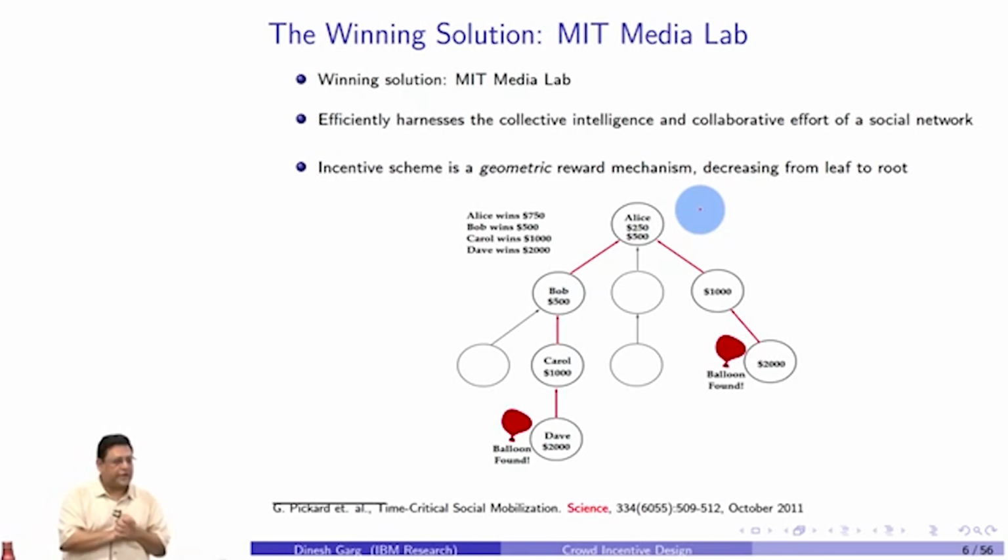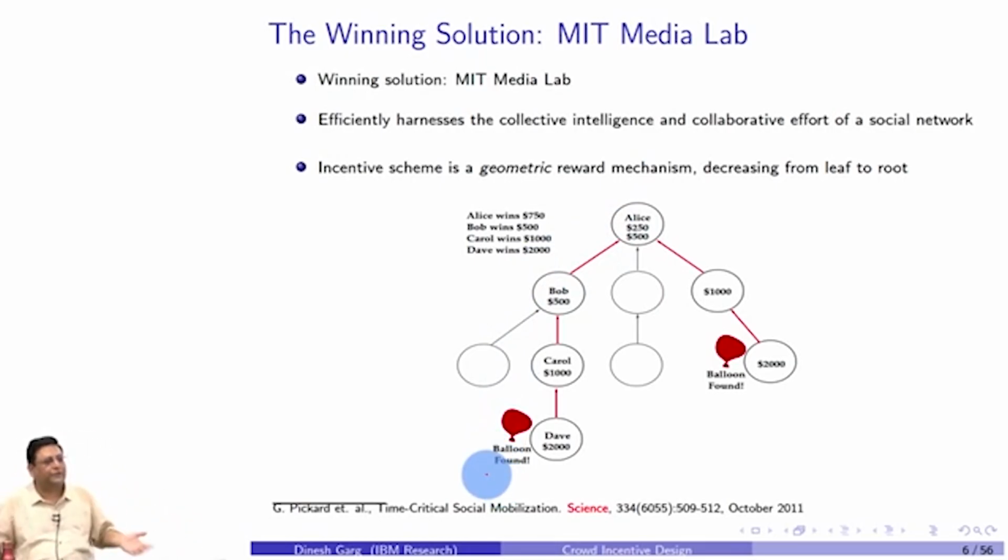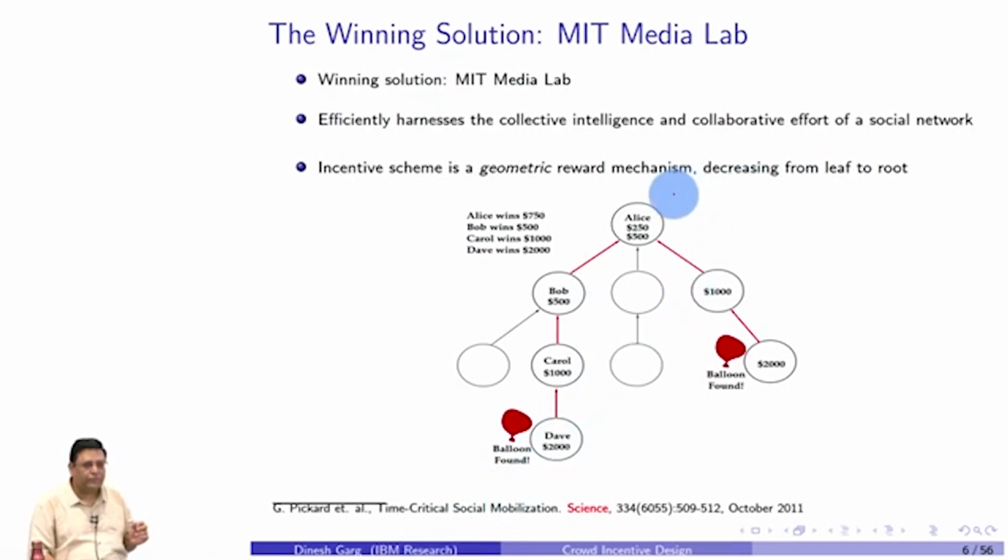Can you now tell me, even if it is an infinite length chain, suppose Dave is at infinite distance from Alice. Practically we know that it will be a finitely long tree, but theoretically speaking, even if it is an infinitely long tree, what will be the total payout of this whole chain?